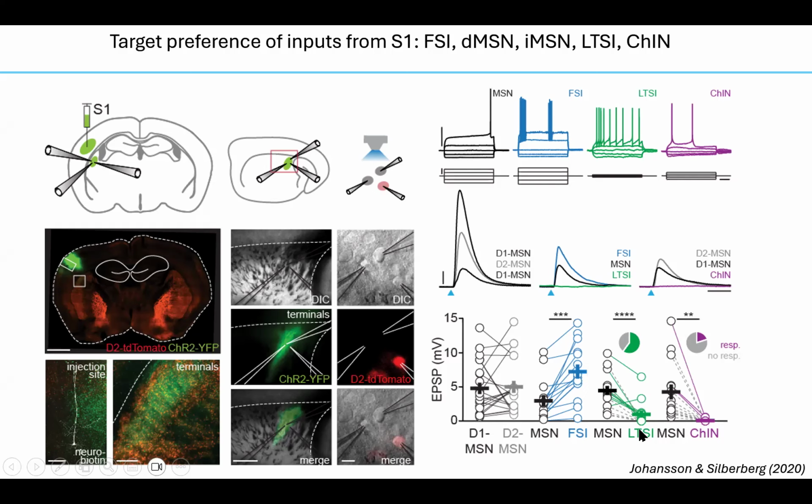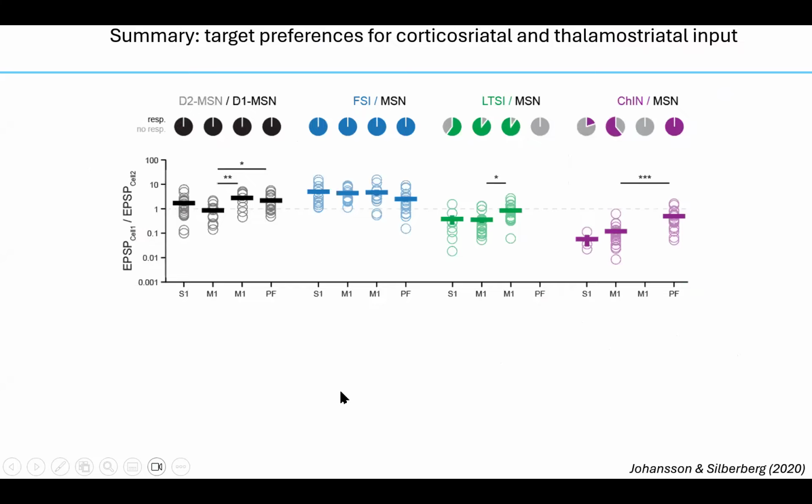And we could see that there were very dramatic differences between the cell types. We repeated these experiments from motor cortex, from thalamus, from the contralateral hemisphere, and we could get a map that reflects both the presynaptic region and the postsynaptic cell type.